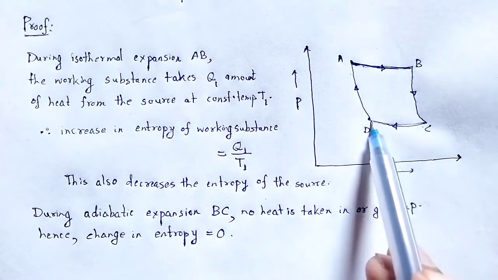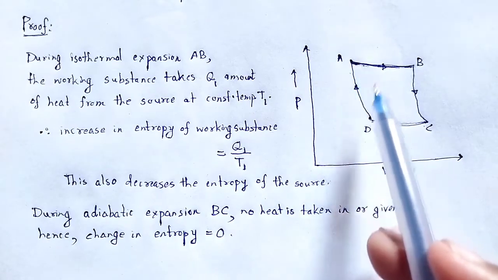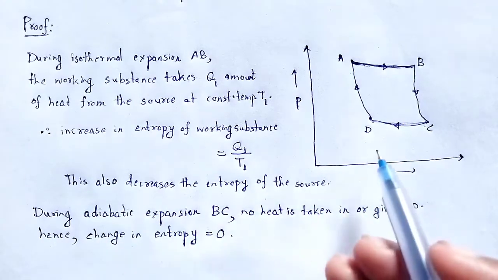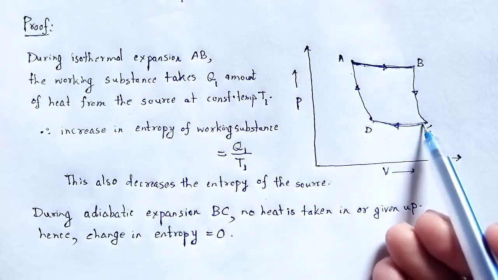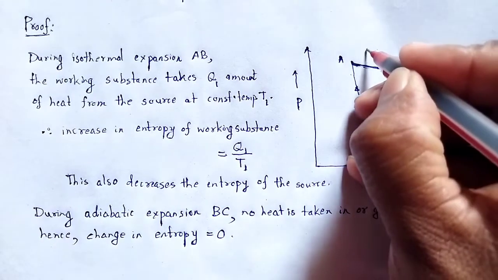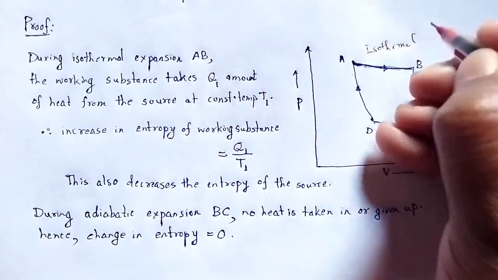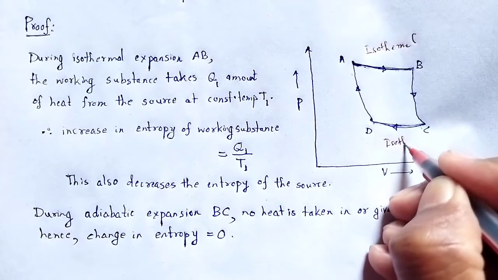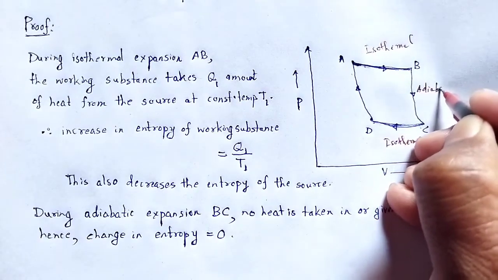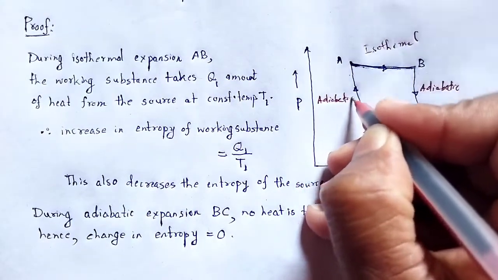Again, this one is the isothermal compression, this one is the adiabatic compression. So what happened during adiabatic compression? Here CD is the isothermal compression, and I write here: that is isothermal, that is isothermal, that one is adiabatic, that one is adiabatic.